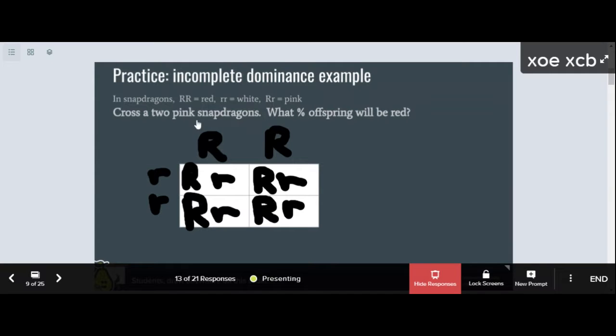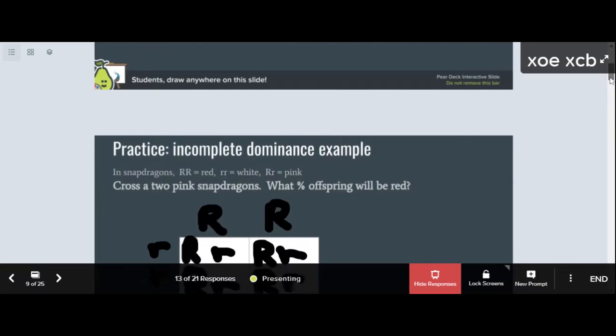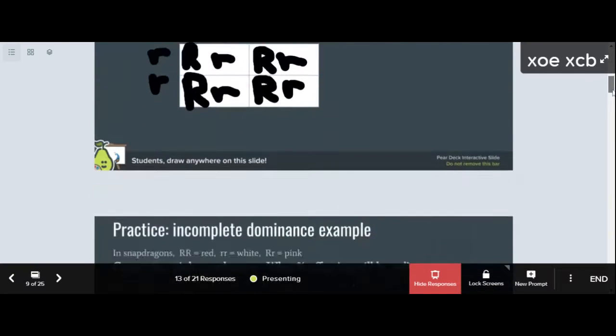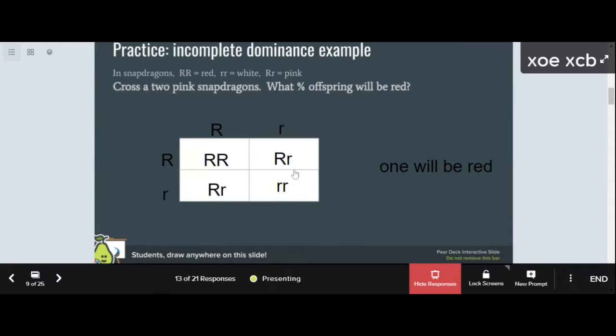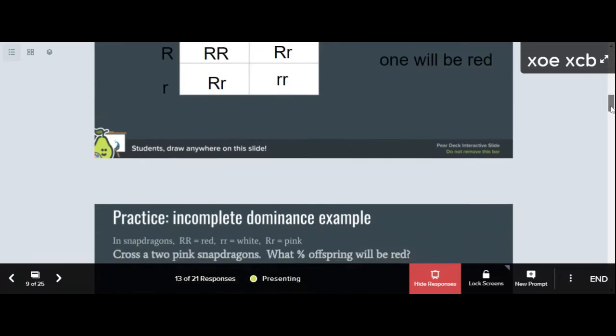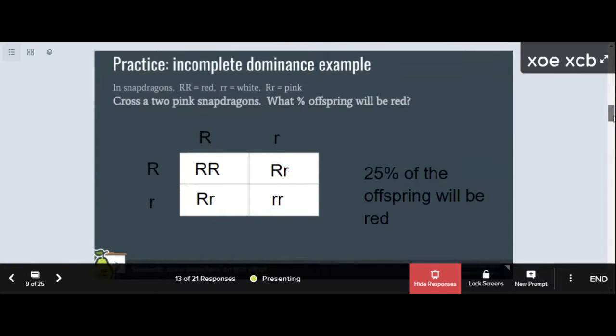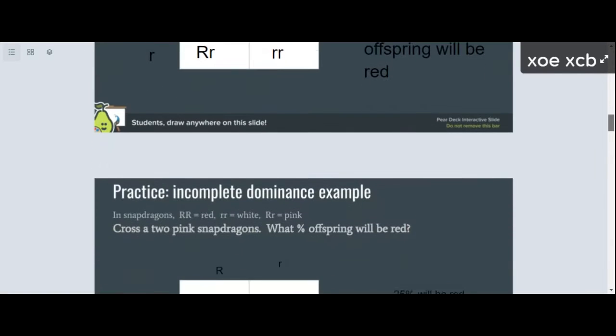You need to cross two pink. So if you cross two pink, one side appears to be big R, little r on the side. Because if you don't do that right, notice how they change between those two. One will be red. One out of how many? 4. So what's that percentage-wise? This is right. Oh, 25%. There we go.